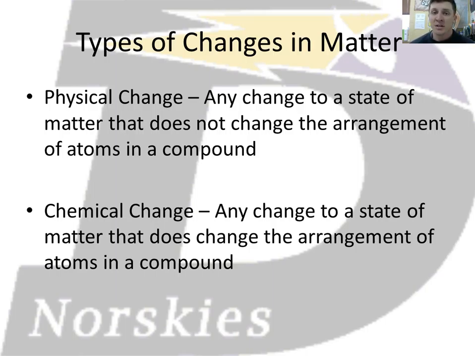On the opposite end is the chemical change, which involves any change to a material or state of matter that does change the arrangement of a compound. For example, hydrogen peroxide's chemical formula is H2O2. If I were to change that into water, the chemical formula of water is H2O. So there's a difference in the chemical makeup, and that would be a chemical change.